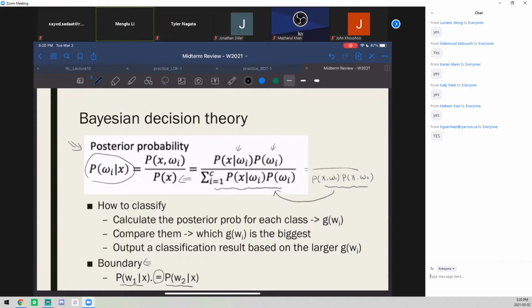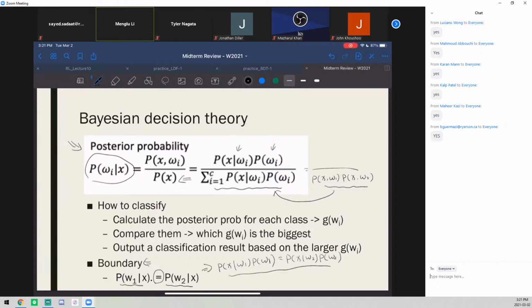We can also write it down like this, because the denominator is always the same, so we can write the formula as this one. These two are also the same.